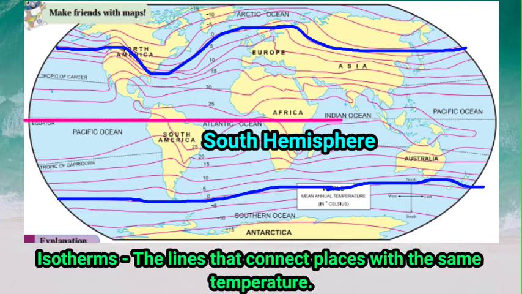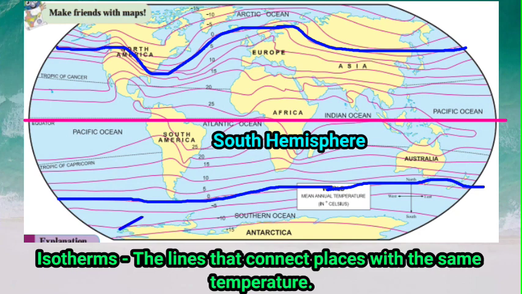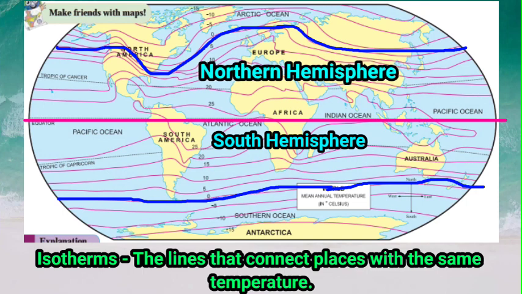The isotherms in the southern hemisphere are fairly parallel to the lines of latitude. From the South Pole to the Tropic of Capricorn, the distance between these lines is almost equal, as the proportion of land in the southern hemisphere is limited. Therefore, temperatures in this part are largely influenced by latitude. Whereas in the northern hemisphere, the distance between these lines varies.